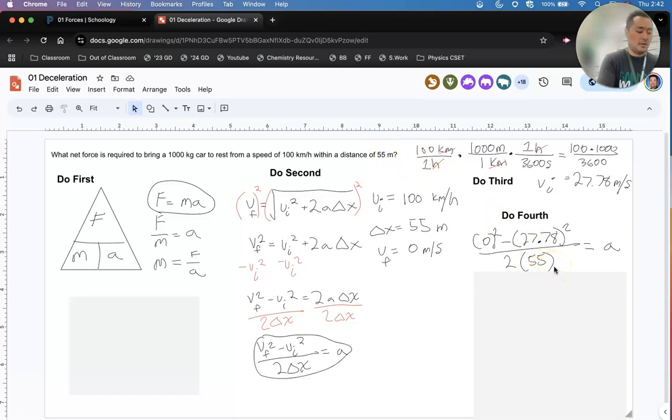I'm going to have a student help us do the first part. Angel, grab a calculator and do 27.78 squared. Don't include the negative in this because it's outside of the parentheses. 27.78 squared.